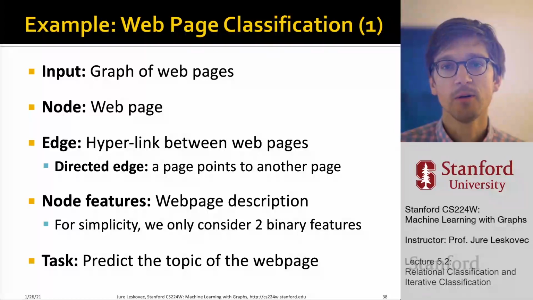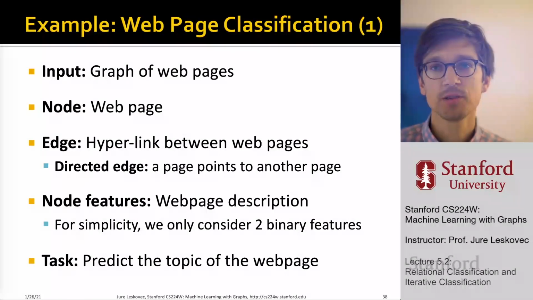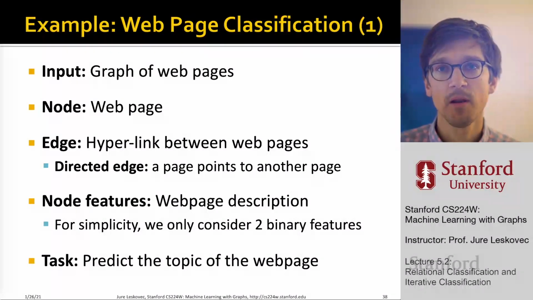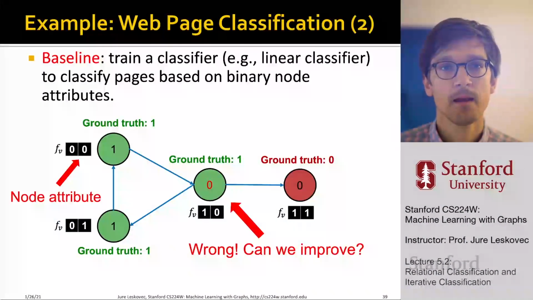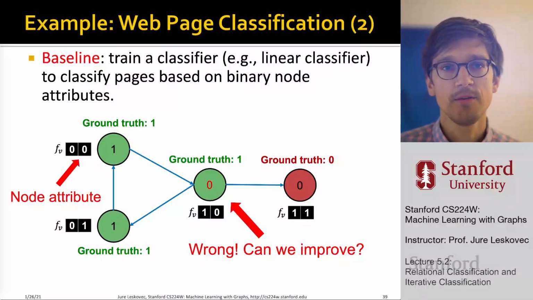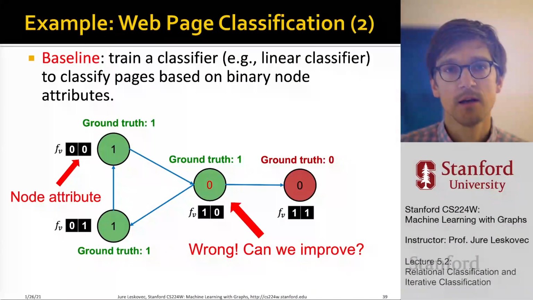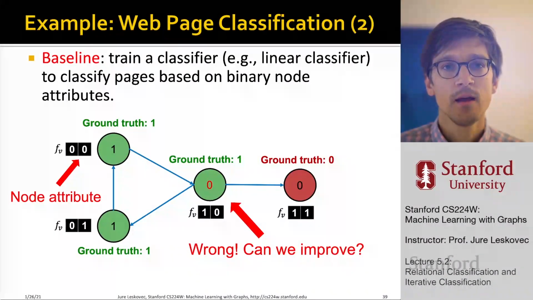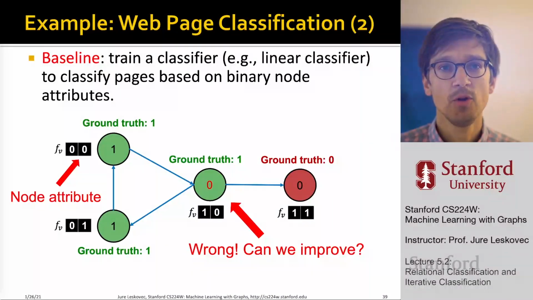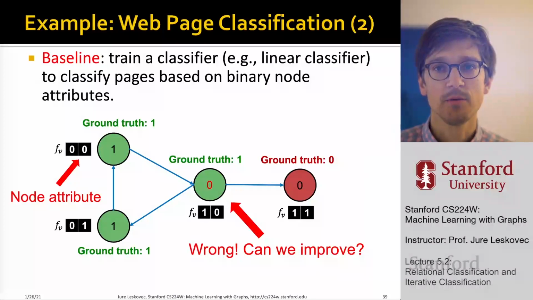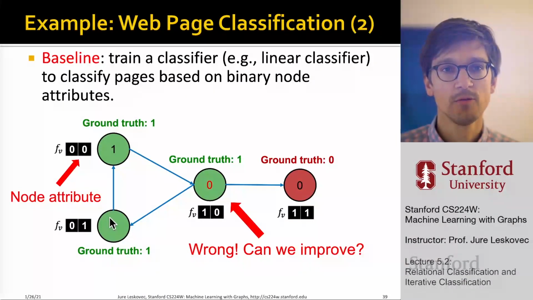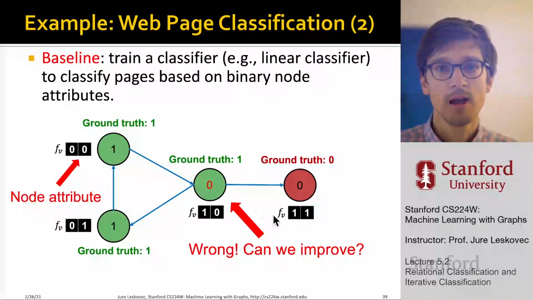So let me now show you how this would work in this example of web page classification. The idea here is that first we are going to train this baseline classifier, this classifier phi1, that is going to classify pages, classify nodes, based on their attributes. To explain what is happening here, we have this graph on 4 nodes.